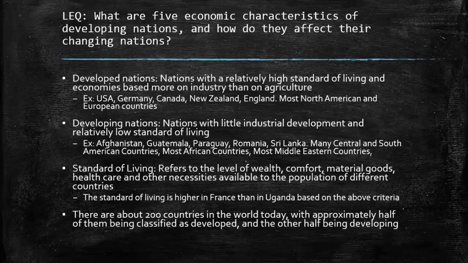For example, the standard of living is higher in France than in Uganda based on the above criteria. Now, depending on who you ask, there are about 200 countries in the world with approximately, and I'm estimating here, approximately half of them being classified as developed and the other half being classified as developing.